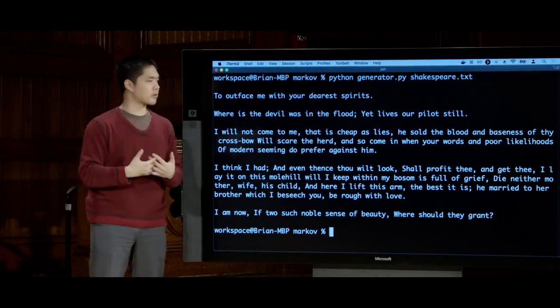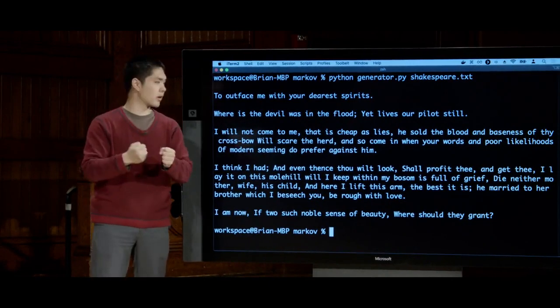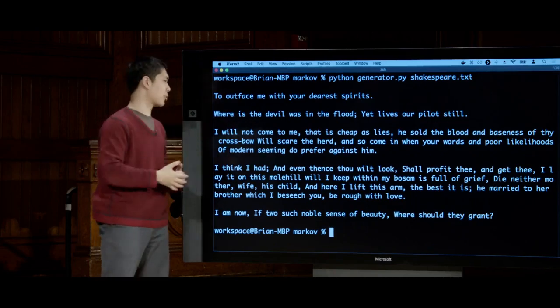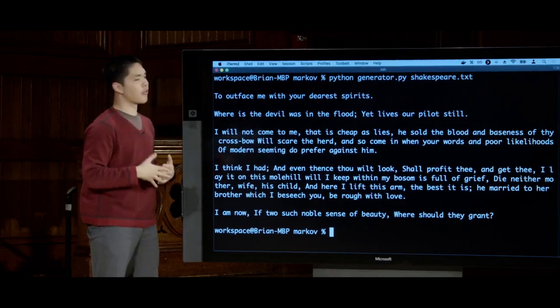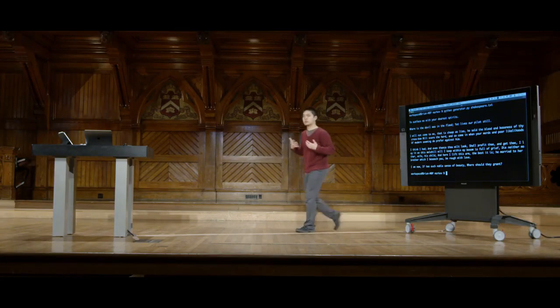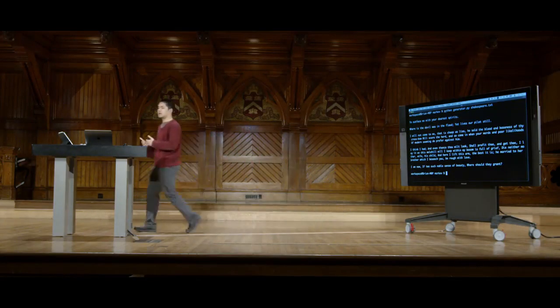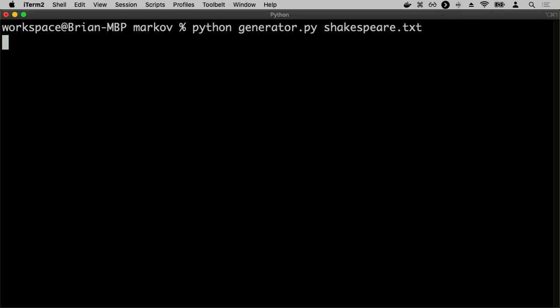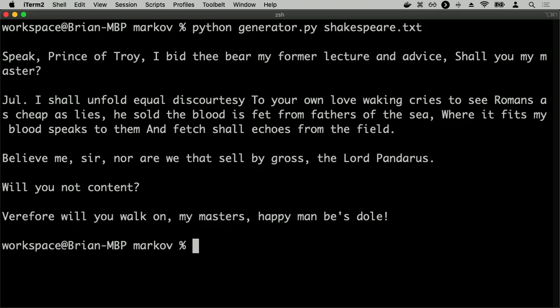It's just trying to understand, based on this sequence of words, what is likely to come after it as a next word. And these are the types of sentences that it's able to come up with. And if you ran this multiple times, you would end up getting different results. I could run this again and get an entirely different set of 5 sentences that also are supposed to sound kind of like the way that Shakespeare's sentences sounded.